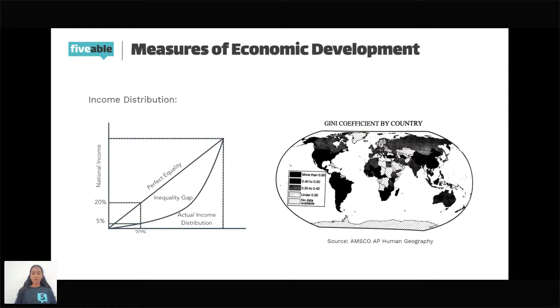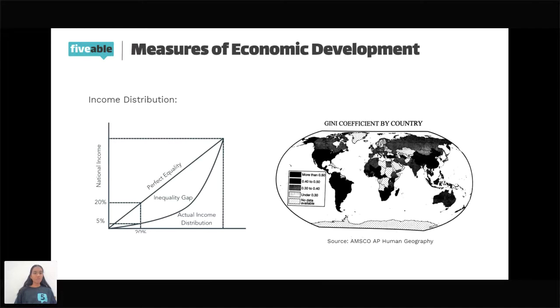On the map on the right, you can see that more developed countries, especially those in Western Europe, tend to have very small income inequality, but the United States has a little more than usual. But in general, developing countries have more income inequality, and developed countries have less.